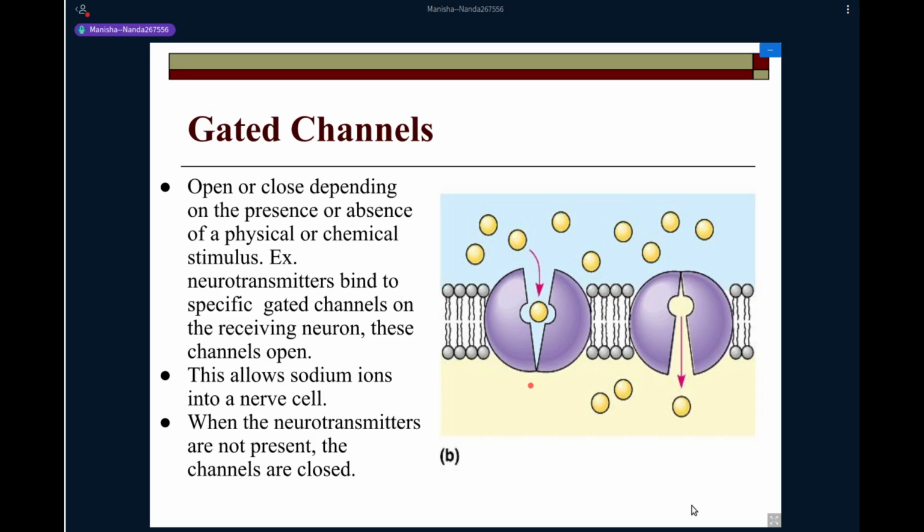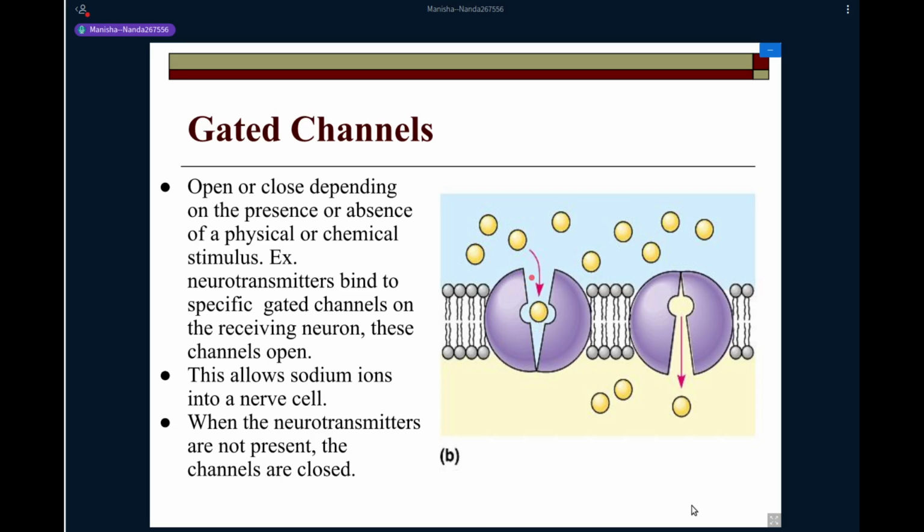They have a gate, that is an opening and closing system, or in terms of protein, a change in conformation, which allows the movement of molecules under specific conditions only. As you can see in this figure, this channel protein is a gated channel. In response to a certain stimulus, it is allowing the movement of molecules through it.